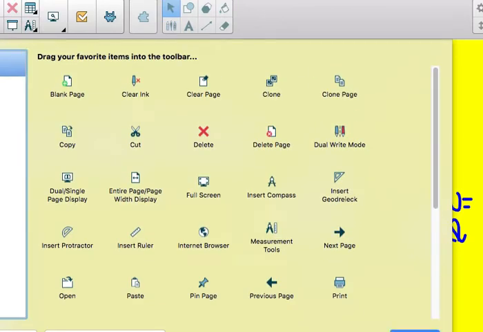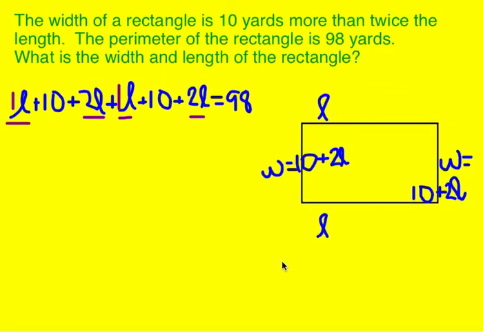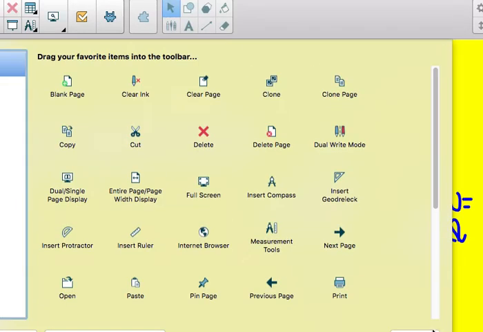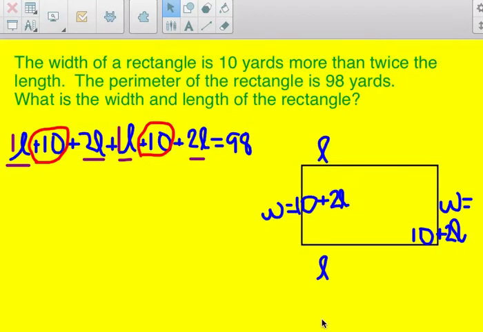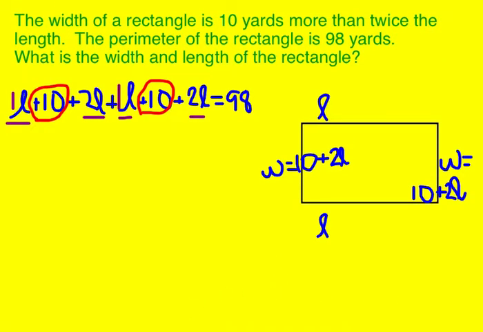And then I also have like terms in these positive 10s. So these constant terms that are positive 10 are also like terms. So if I combine like terms on the left-hand side, I have 1L plus 2L.